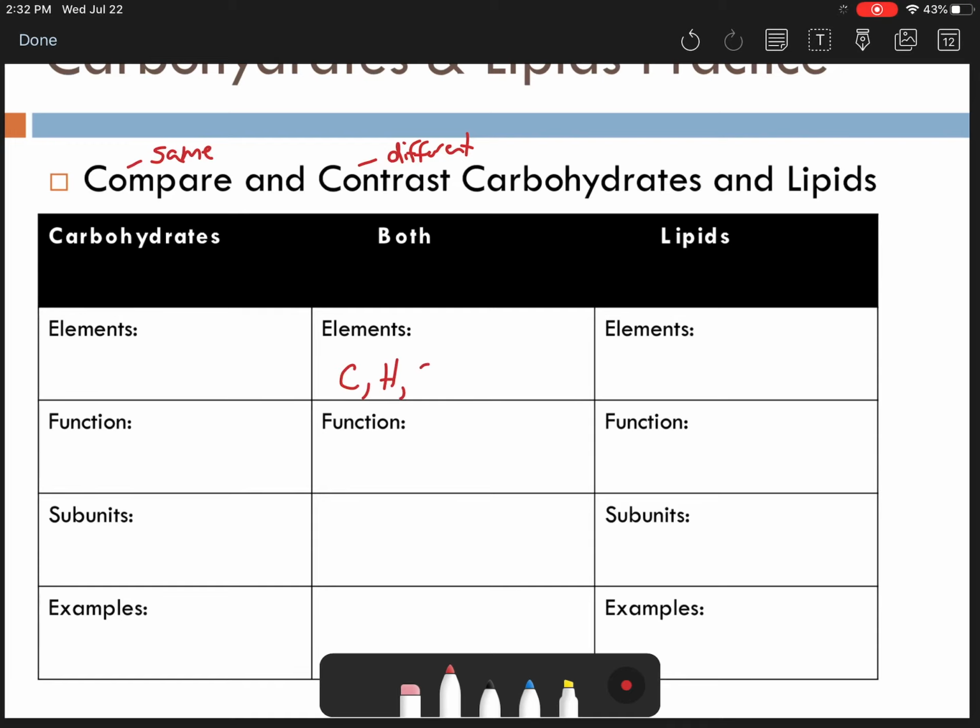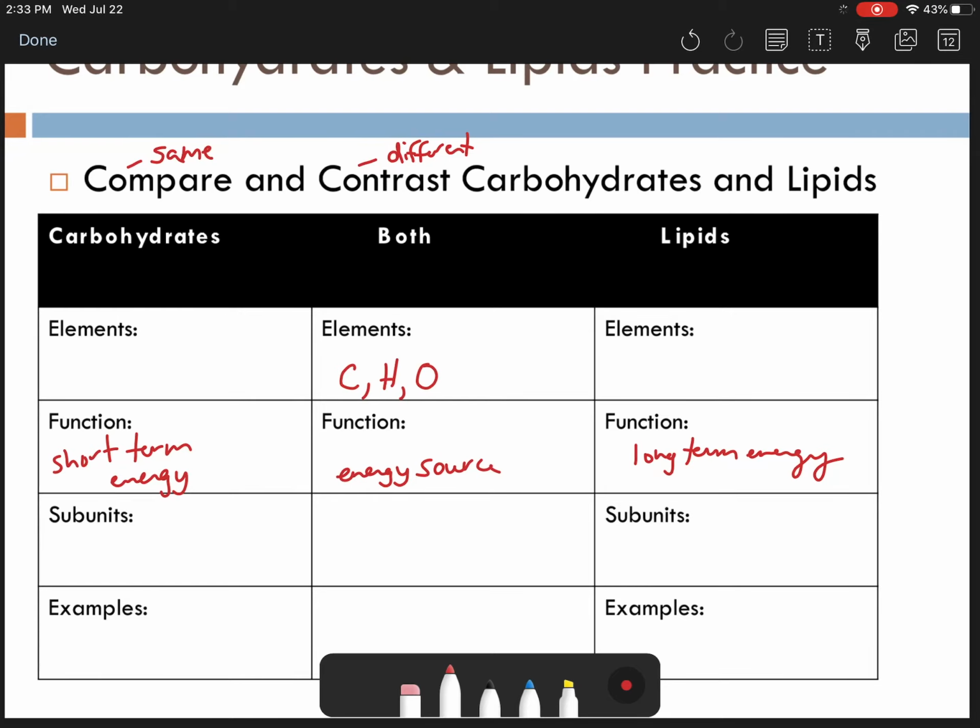They both have carbon, hydrogen, and oxygen. They both have energy storage. They're both an energy source. The difference, though, is that carbohydrates are your short-term energy, and lipids are long-term energy.